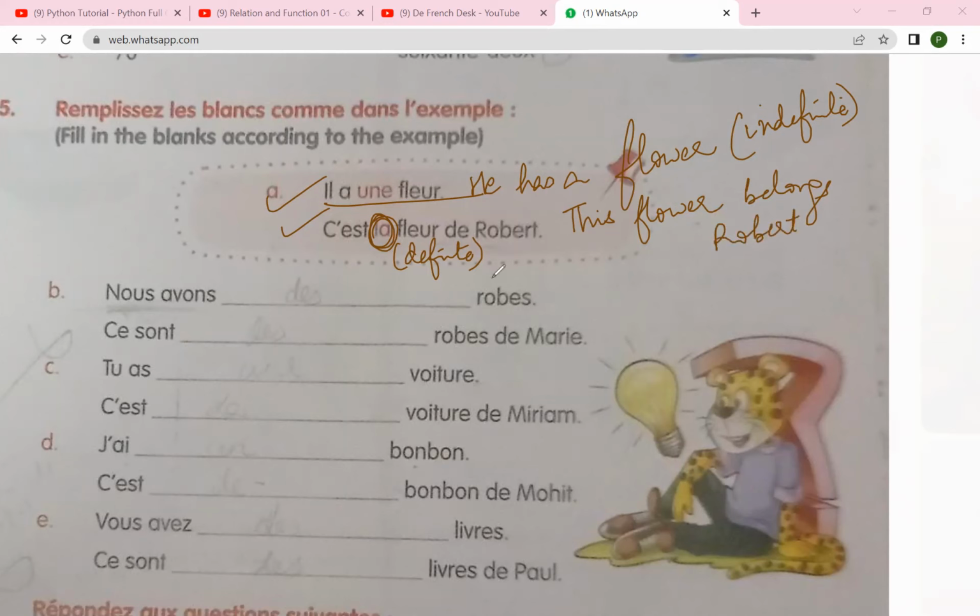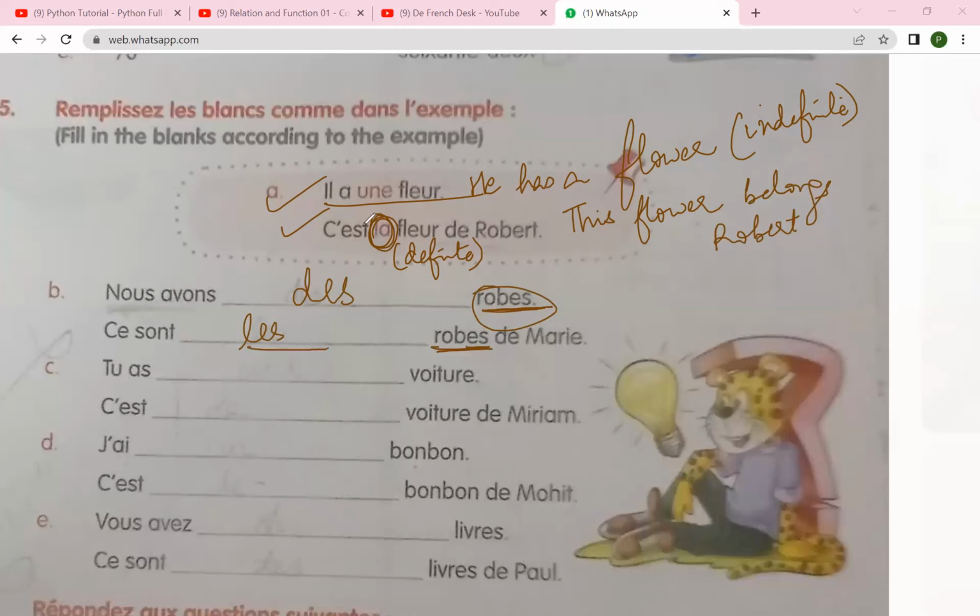So nous avons robe. So the first sentence you have to make use of article indéfini. So what is the article indéfini used for plural noun? So you'll use des. So nous avons des robes. Ce sont les robes. Here we have plural and we have to make use of article défini in the second one. Nous avons des robes. Ce sont les robes de Marie.